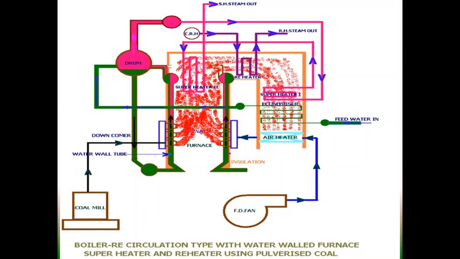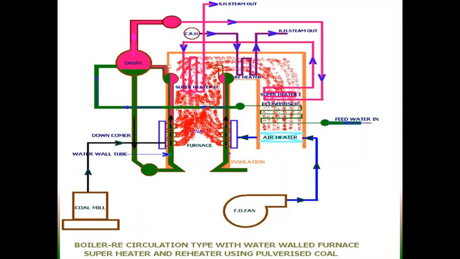Now, to improve the efficiency of the Rankine cycle, in bigger units we have a reheating arrangement. Reheating implies that the superheated steam we send to the HP turbine, after expansion in the HP turbine, is taken back to the boiler through a line called the cold reheat line.